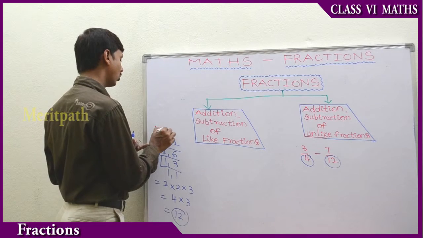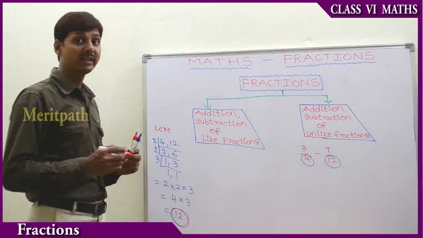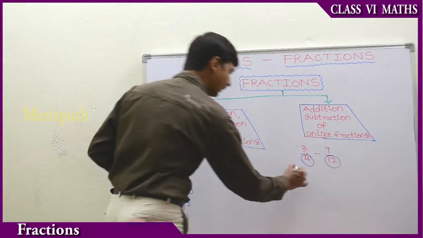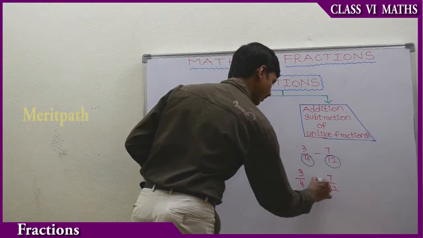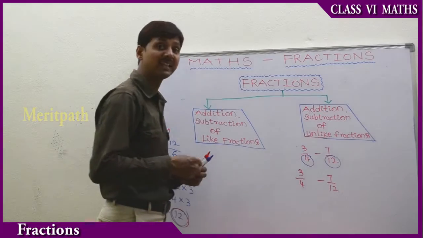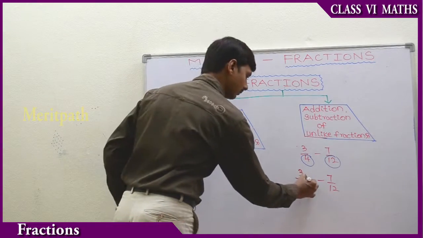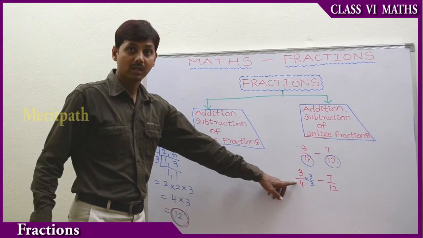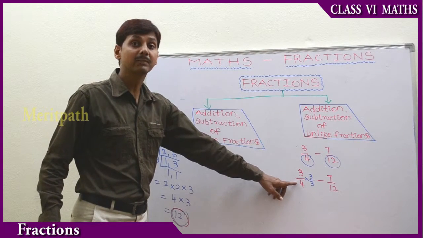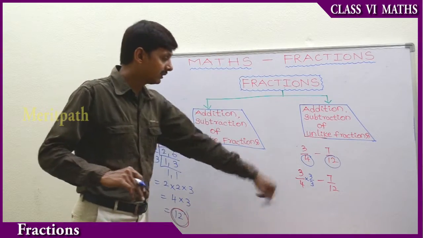We need to get 12 in the denominator. To get 12, we need to multiply 4 by 3, so the numerator also we need to multiply by 3, 3 by 3.